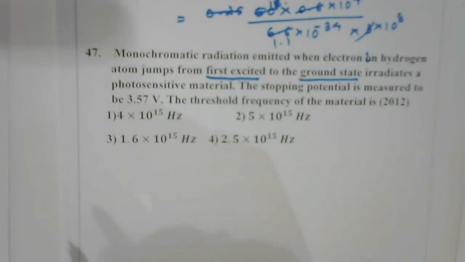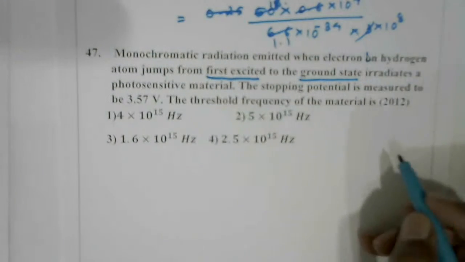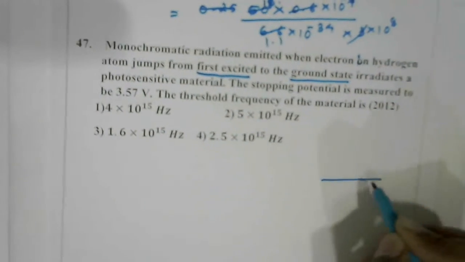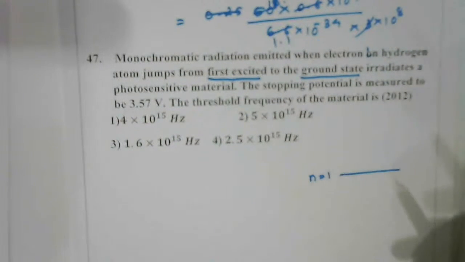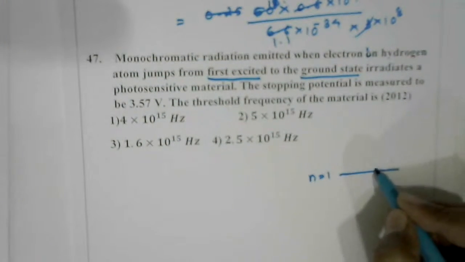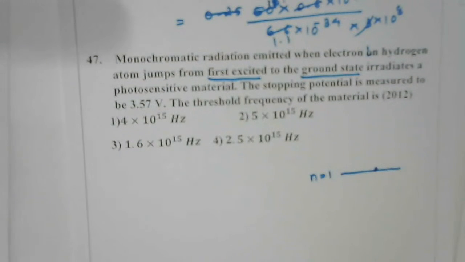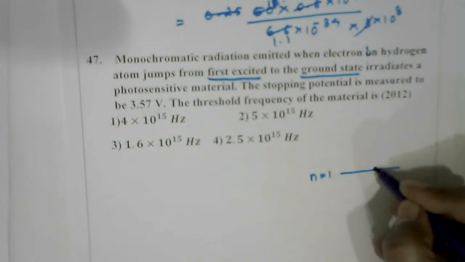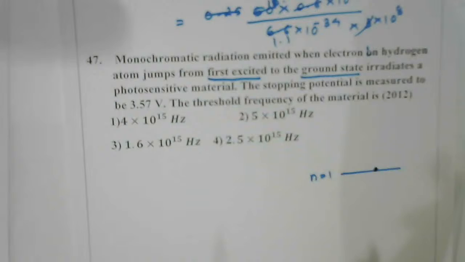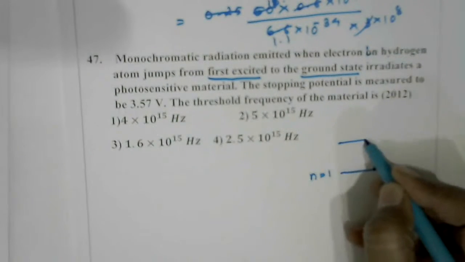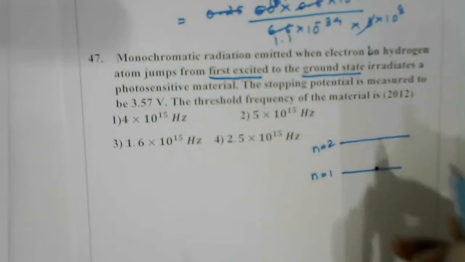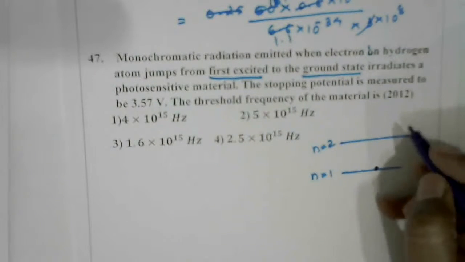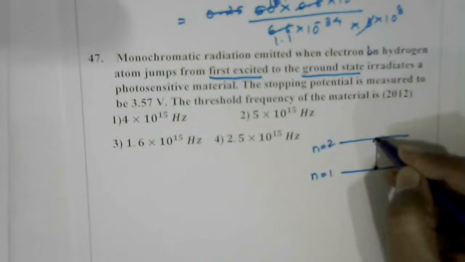We call it first excited state itself. First excited state means the electron which is in the ground state, your ground state itself is the first orbit, has to move to the second orbit. This is called the first excited state.